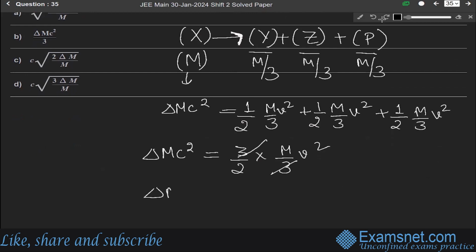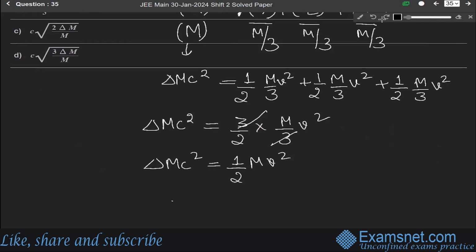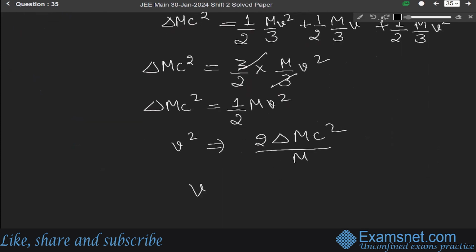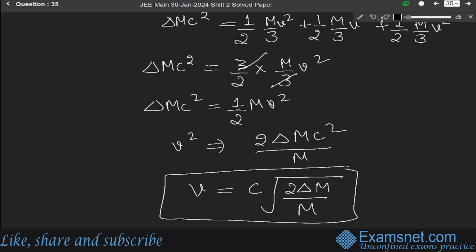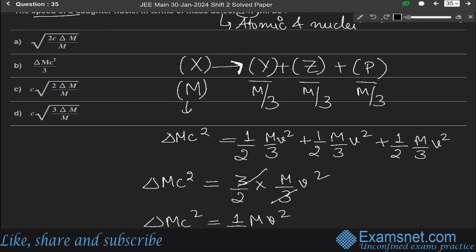So delta m c square will be equal to 1 by 2 M v square, or v square is equal to 2 delta m c square over capital M. So v, the speed of the daughter nuclei, is equal to c under root 2 delta m over M. This is our final answer. So the correct option is C.